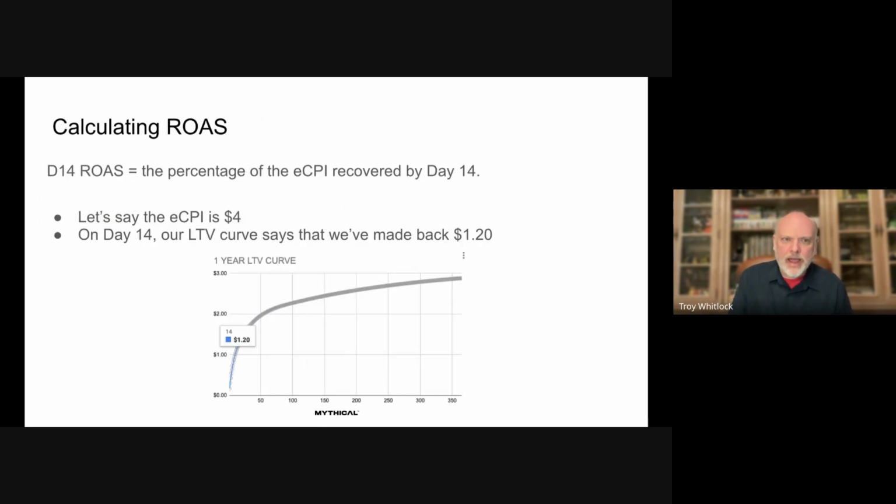A little more about how to calculate ROAS. ROAS is usually paired with a time period. In this case, we're interested in our D14 ROAS, which is the percentage of eCPI that we'll have recovered by day 14. Let's say our eCPI, our cost to install a user, is about $4, and our LTV curve says on day 14 that we'll have made back about $1.20.